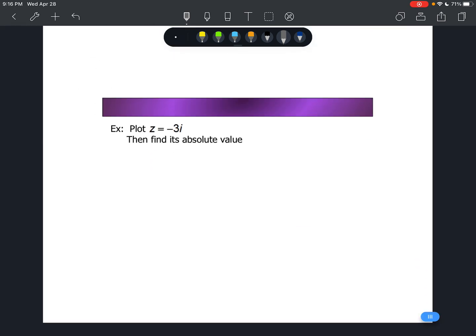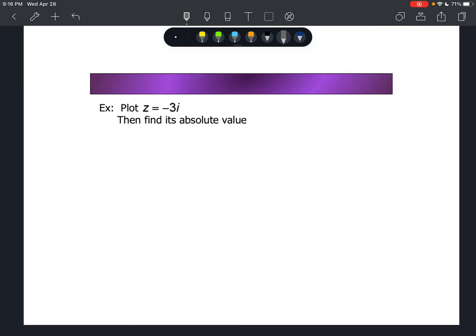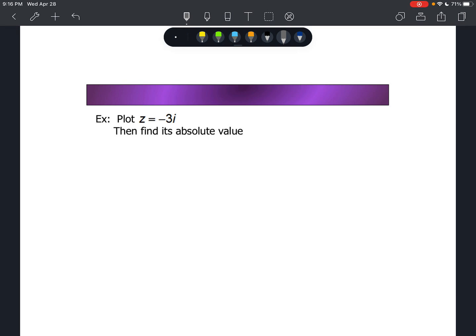Let's try another. z equals negative 3i. The real part is 0. That would be the same as 0 plus 3i. I'm sorry, 0 minus 3i. So the real part is 0, which means from the origin we're not going to go left or right. And the imaginary part is negative 3.